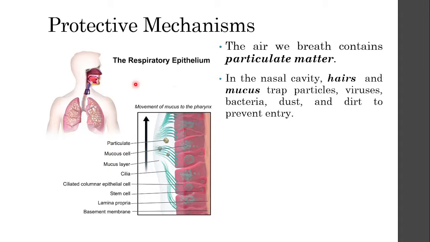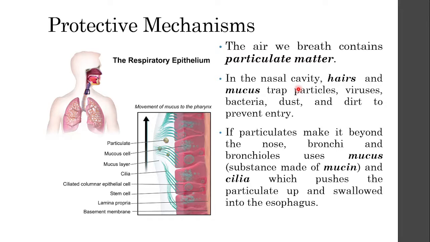So kapag sobrang pollutant, no? Imagine sobrang maalikabok or sobrang marumi yung binibreathe natin na air, that those particulate matters passed the nasal cavity and nakapasok mismo sila doon sa trachea natin. Do not worry because our trachea also has mucus and hairs. This mucus is created by a substance called mucin, which is released by the mucus cells, no?